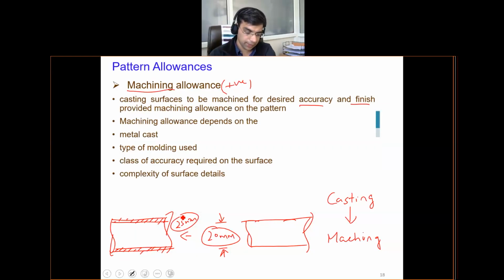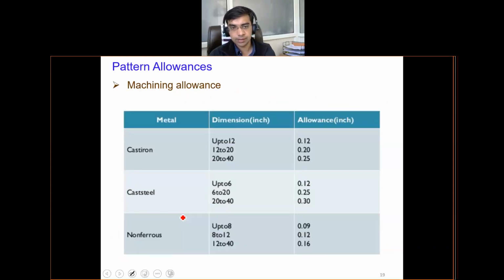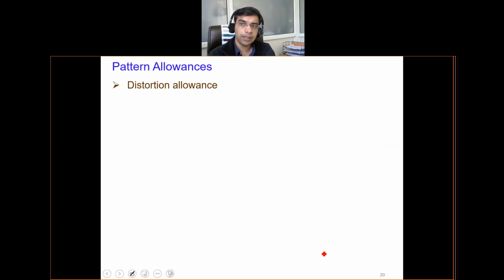And complexity and surface finish are other details with this type of allowance. Here you can see the different values of the machining allowance which are provided. These are dependent on the different metals, what type of material is being cast, what is the application and all.